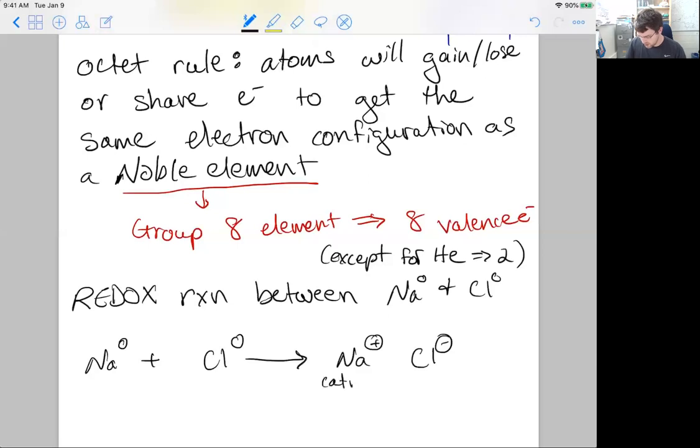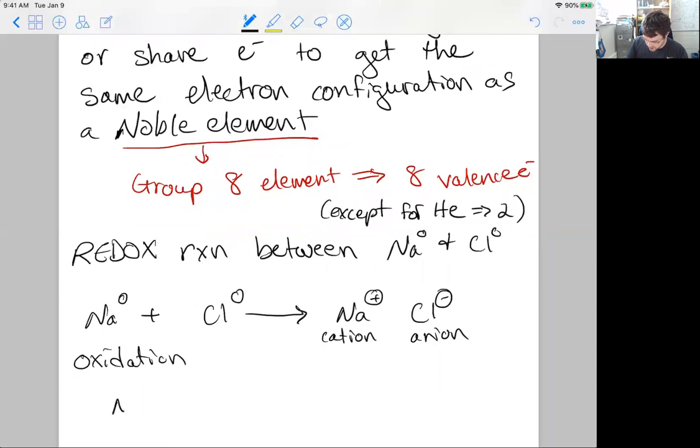This was our introduction to cation. This was our introduction to anion. As a bit of review, we have a few redox half reactions where sodium goes from Na0 to Na+ plus 1 electron. It has lost an electron.